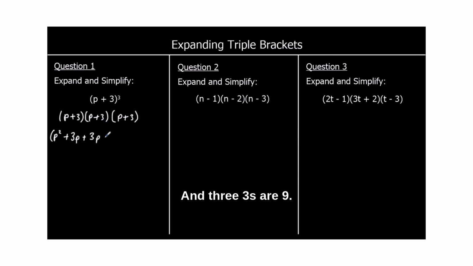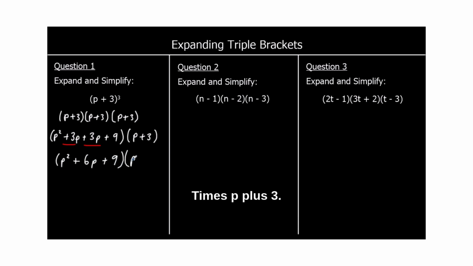And 3 3's are 9. And we've still got the third bracket on the end. Collecting like terms, 3p and 3p make 6p. So we've got p squared plus 6p plus 9 times p plus 3.